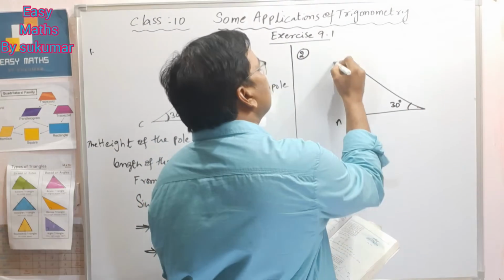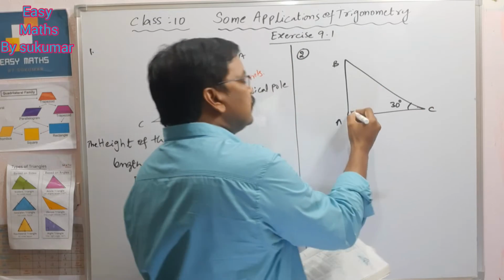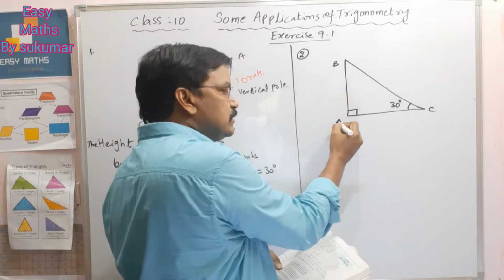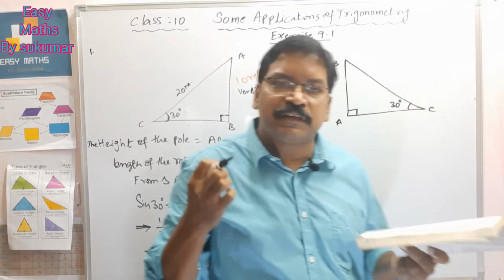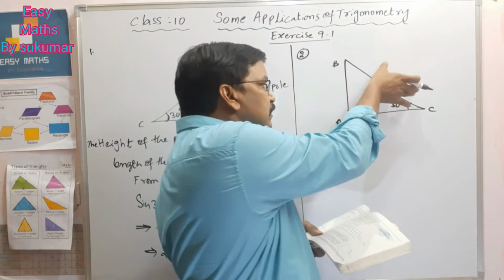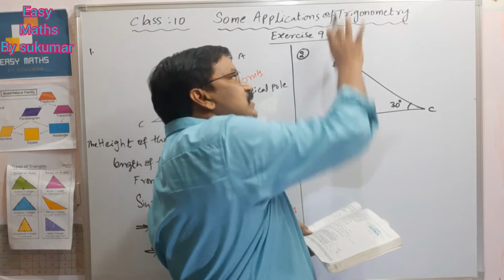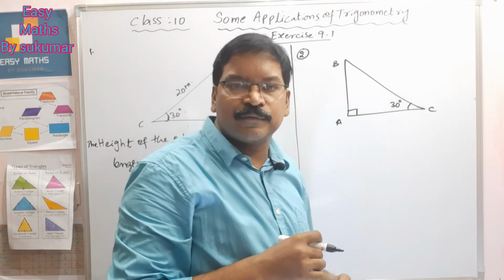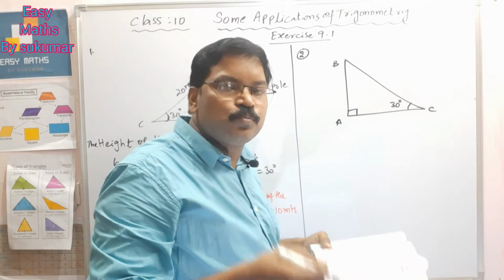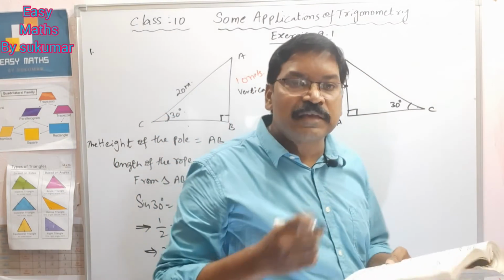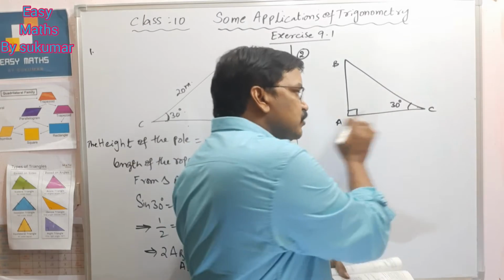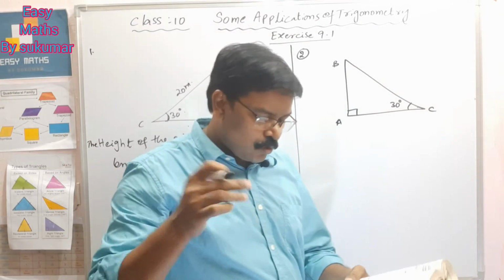Actually, this angle ABC is a right angle. This AB plus BC is the actual height of the tree. If you make it stand like this, then this is the actual height of the tree. Due to the storm, it was broken, and this broken part touches the ground and makes an angle 30 degrees with the ground.